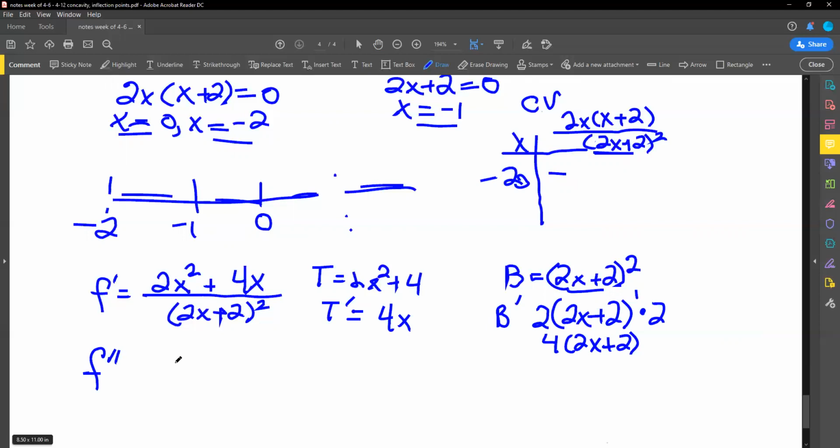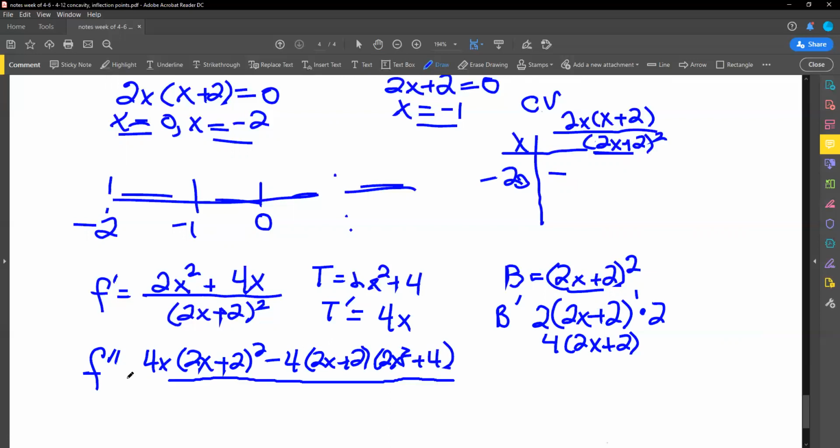It's going to be the derivative of the top, which is 4x, times the bottom, minus the derivative of the bottom, times the top, all over the bottom squared. I have to square the bottom, so I have 2x plus 2 to the fourth.